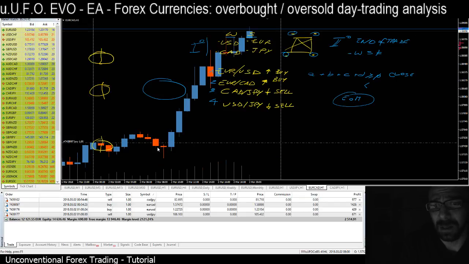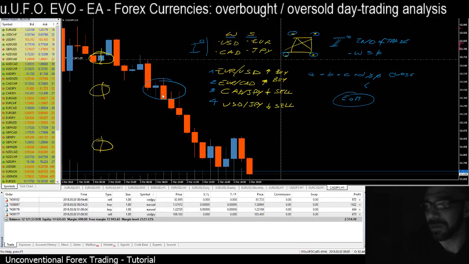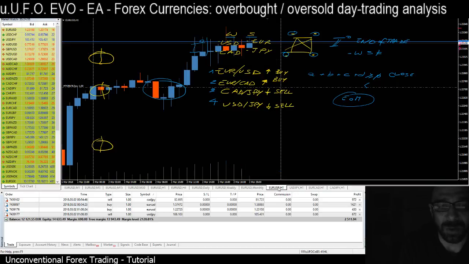Euro CAD was also a bit down, but then immediately in a high profit, and CAD yen in profit were 3 in positive and just euro dollar in negative.